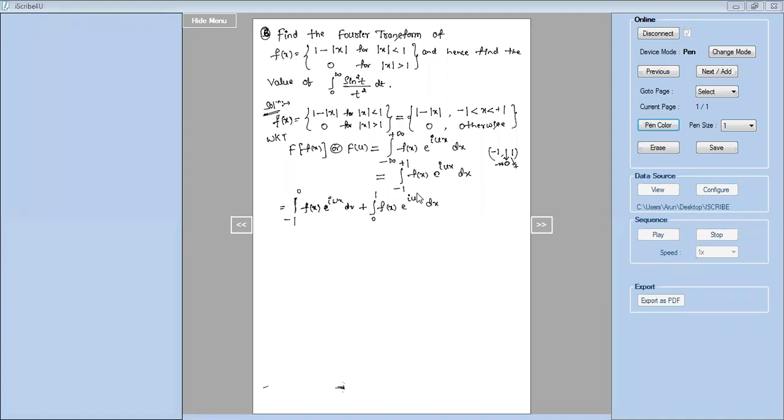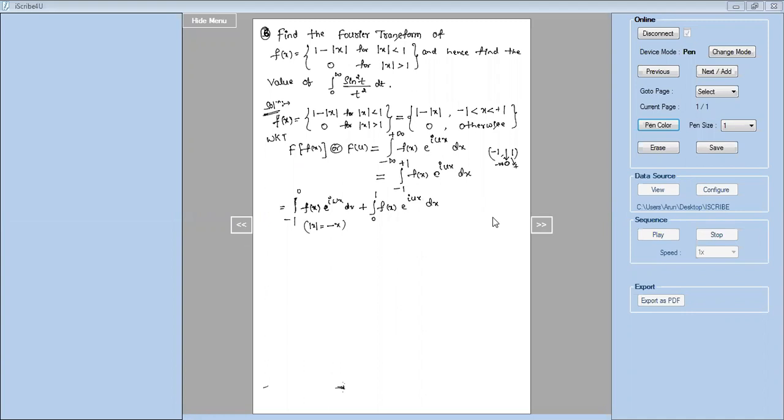Right? This minus 1 to plus 1 can be divided into two subintervals. One is the negative interval, minus 1 to 0. Another is the positive interval, 0 to 1. So let us divide the interval like this. This is negative, this is positive. And you know that in minus 1 to 0, this mod x will be equal to minus x.